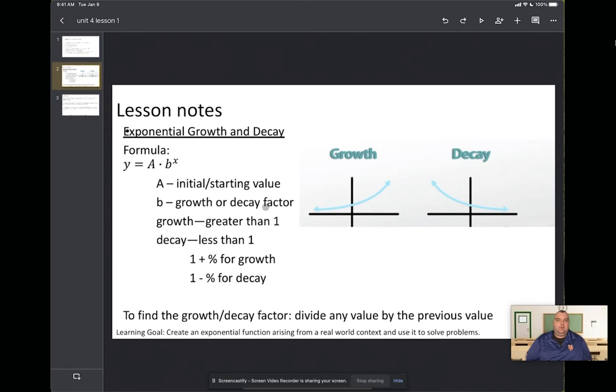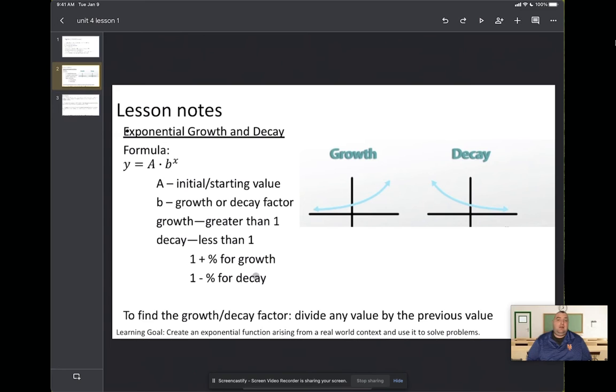Your growth or decay factor will depend on what type of situation it is. If it is an exponential growth situation, your growth factor will be greater than 1. If it's an exponential decay situation, then your decay factor will be less than 1.